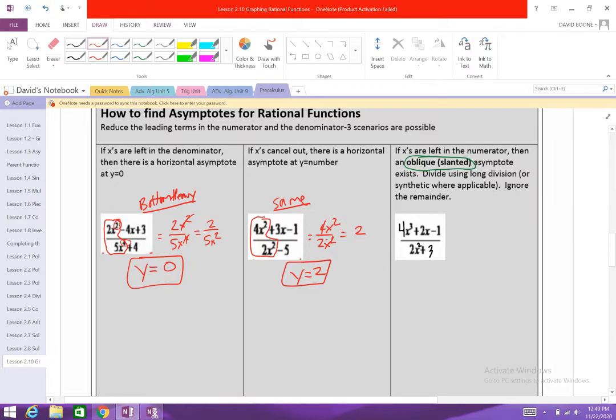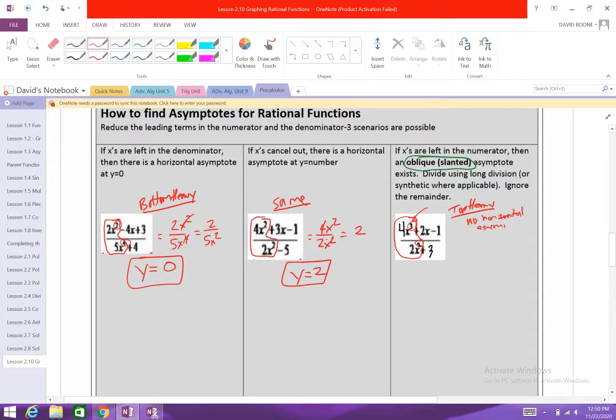In this problem, what you see is that the numerator here is larger than the denominator. So this is what we call top heavy. Okay? When it's top heavy, there is no horizontal asymptote.